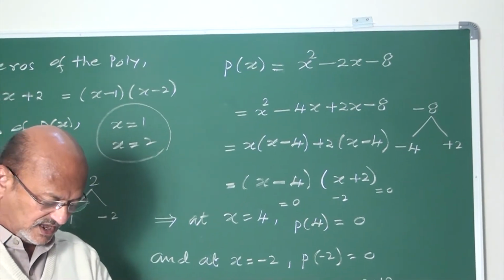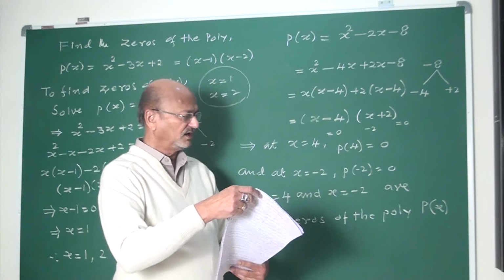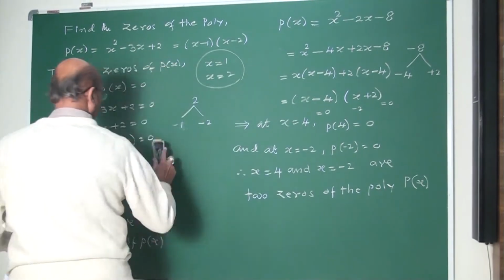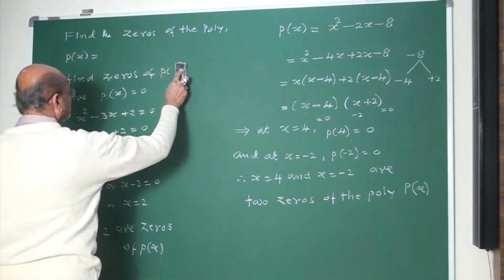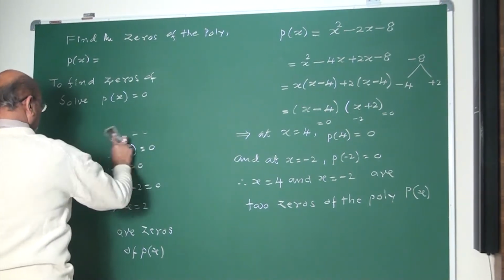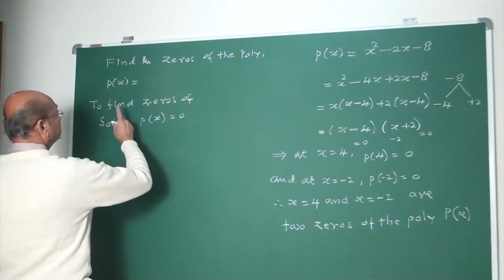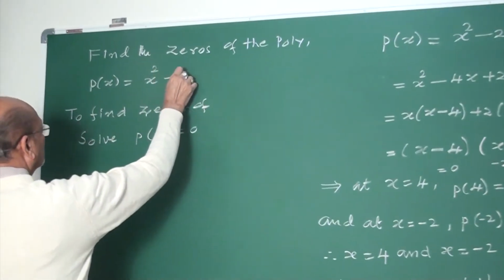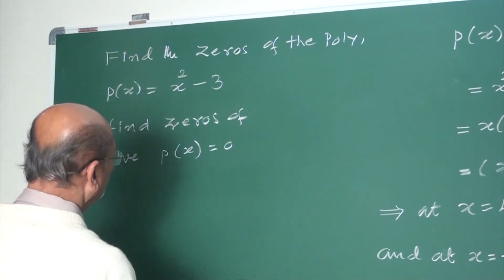Then I go for one more example. It is an example from your model question paper. Sometimes they give very simple examples. Find the zeros of the polynomial p(x) equal to x square minus 3. To find the zeros, solve p(x) equal to 0.